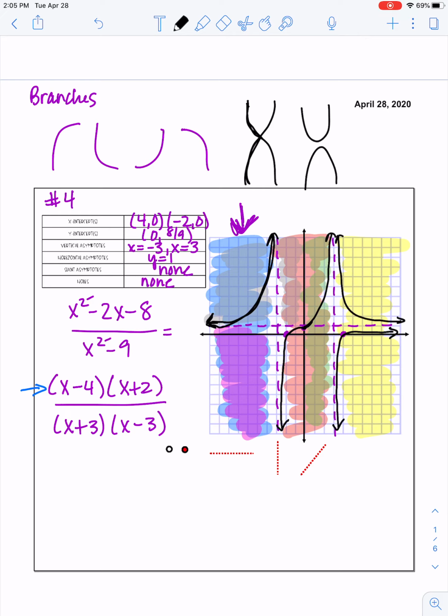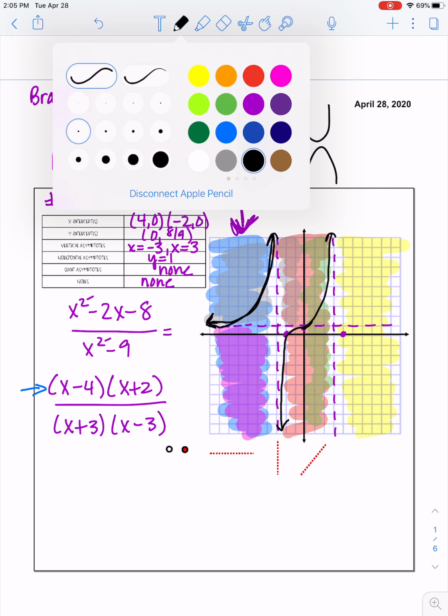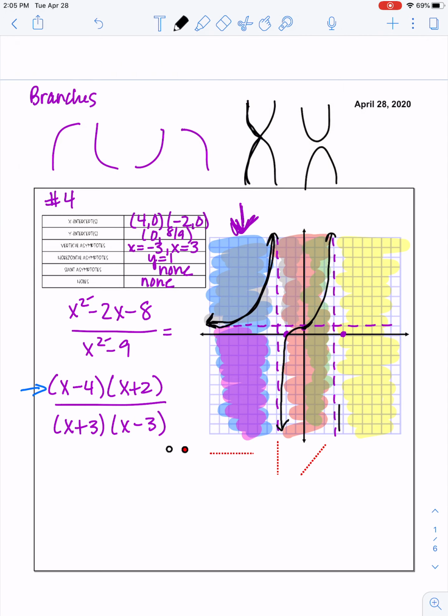So that must mean my branch has to be on the bottom and it can't be on the top. So I'm going to take off the top piece, and I'm just going to graph the bottom branch to be curved. You know, I'm doing the best I can here. And that's how you graph that rational function. That's my final answer. Okay.